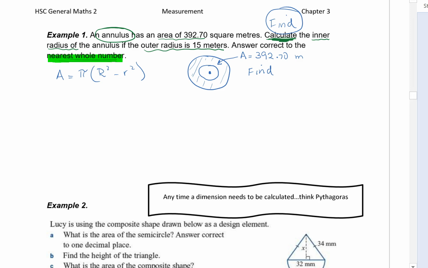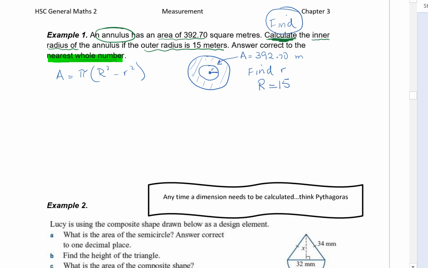Well, clearly here in terms of the diagram, I can see it's this. And then I realise that in this situation, that is called lowercase r. So in my formula, I'm going to be finding lowercase r. If the outer radius is 15, I can identify that capital R is 15.